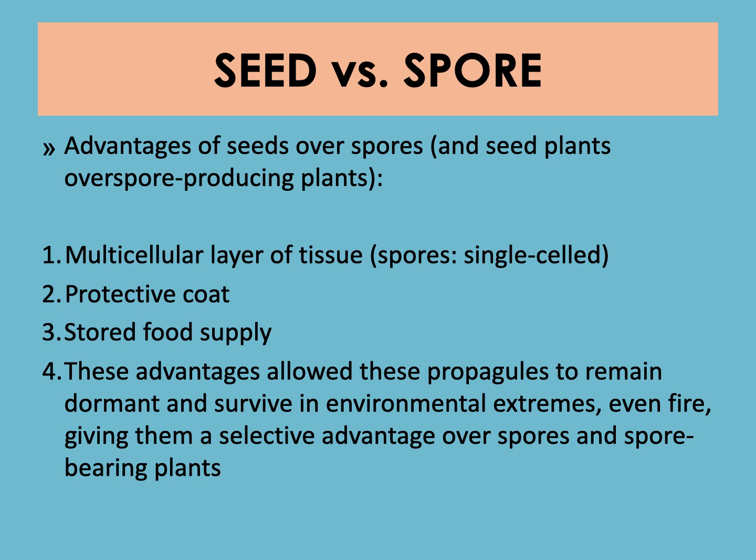It also has a very big food store to supply food for the growth of the embryo, and therefore it ensures the survival of the seed plant in more extreme environments or even fire, giving them a selective advantage over spore plants.